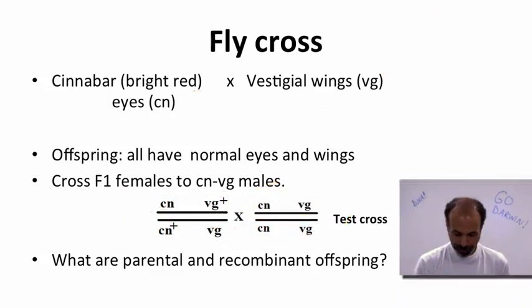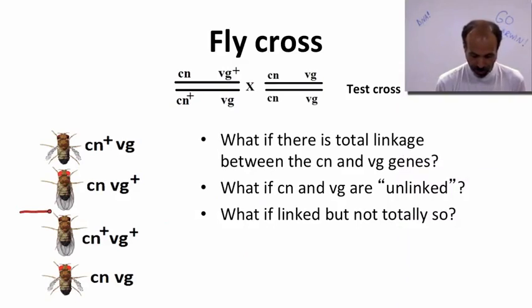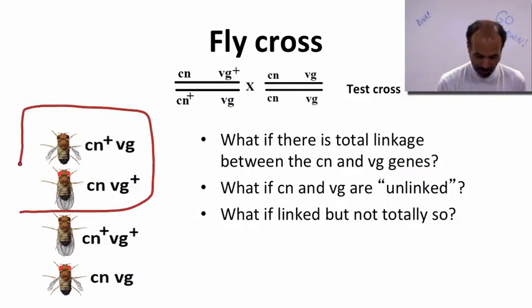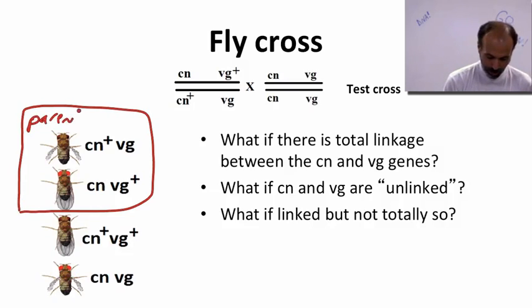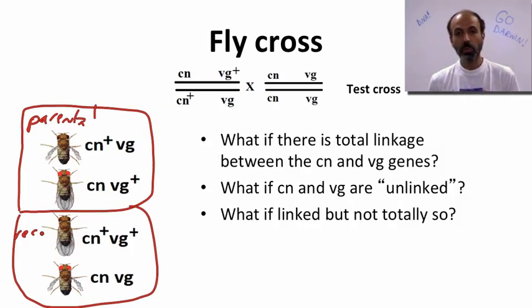So let's look at these. Here are all four possibilities. These top two depict what would happen in the context of just getting parental types. The bottom two depict the recombinant form. So what if there was total linkage? What if the cn and vg genes were right next to each other?